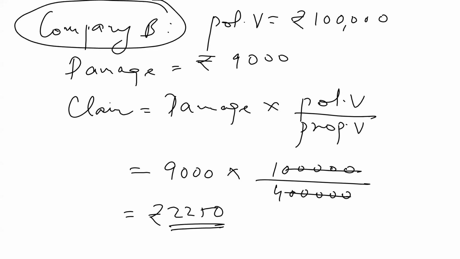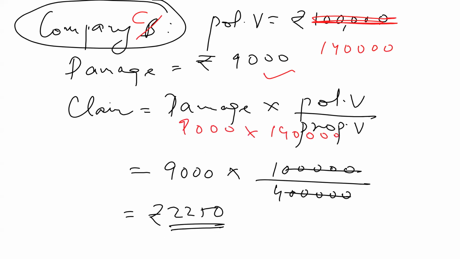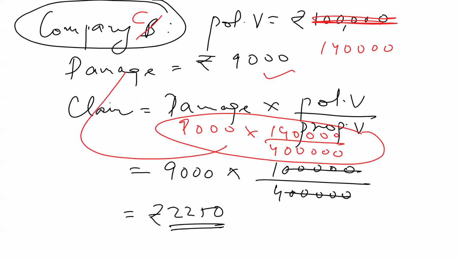Now for company C, the policy value will be 1,40,000. Damage is same. So this will be 9,000 into 1,40,000 upon 4 lakh. This is how you will calculate the claim for company C. I'm not showing this calculation, but I'm very sure that everybody has understood.